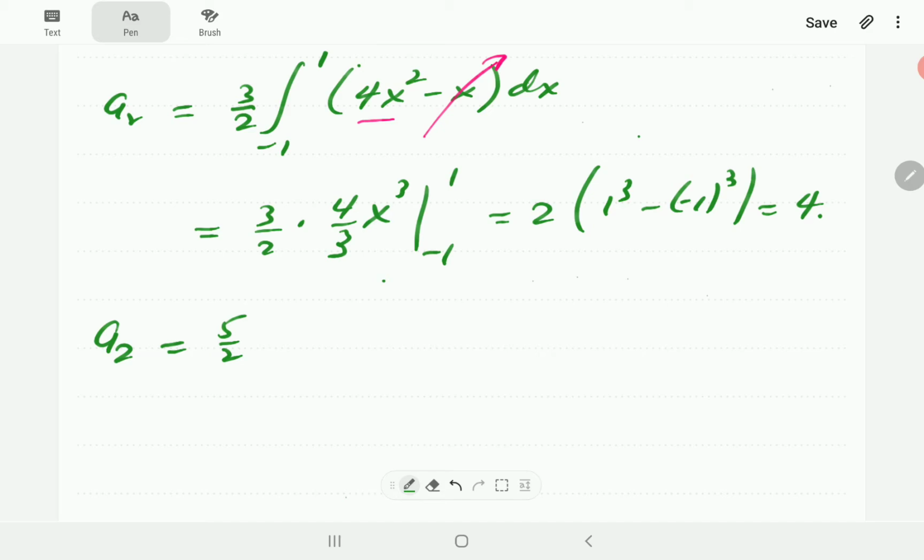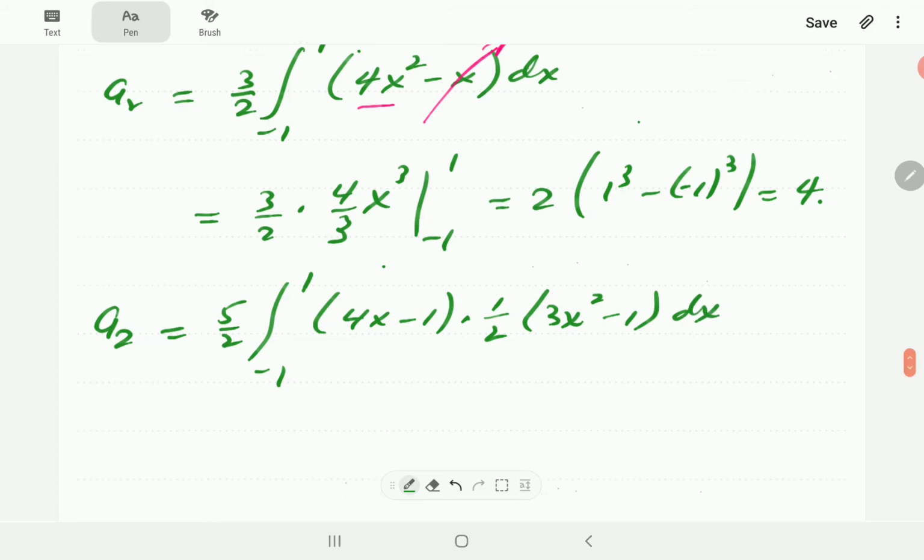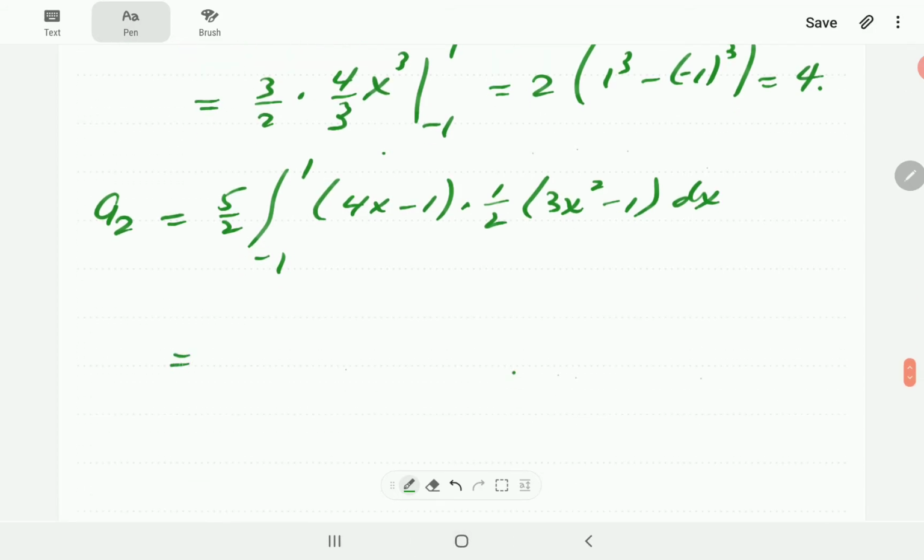Then we are going to have the integral from minus 1 to 1. This is f of x, and this is p2. If we multiply out here, that's going to be 5/4.